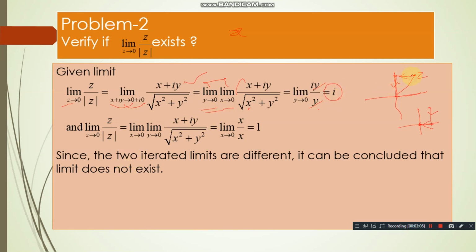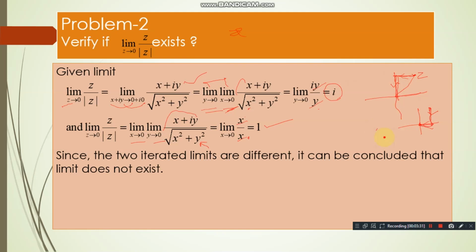And if we take the other form, this form, limit x tends to 0 and y tends to 0. See here, first y tends to 0, replace y by 0. Now x by x, by cancelling this x, the constant is 1. So the same limit we are finding along two different paths.